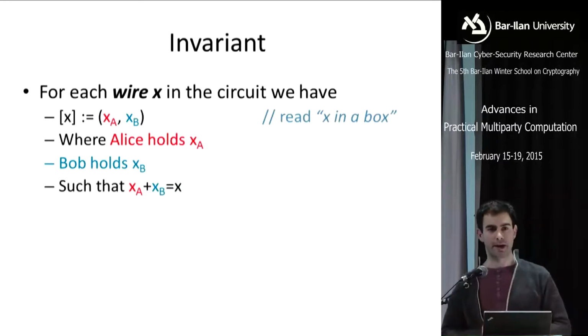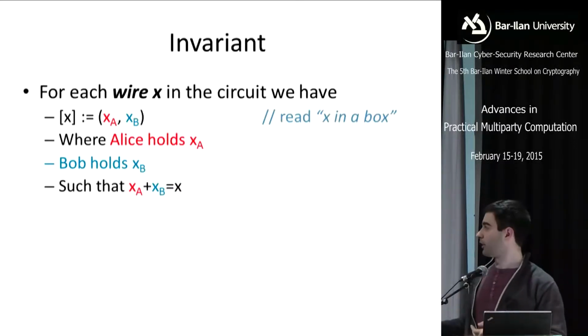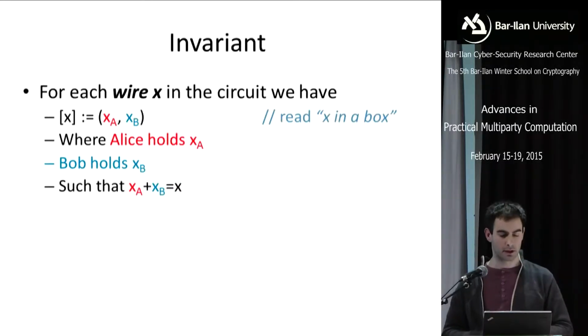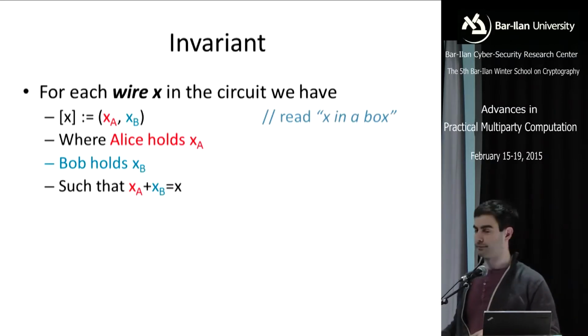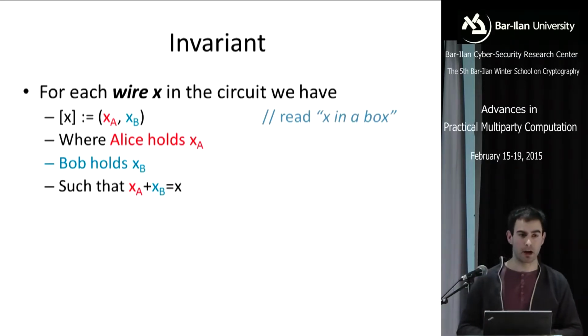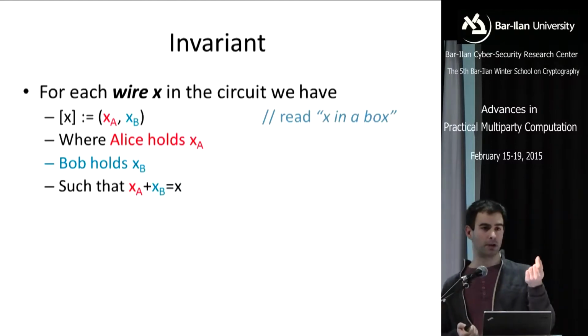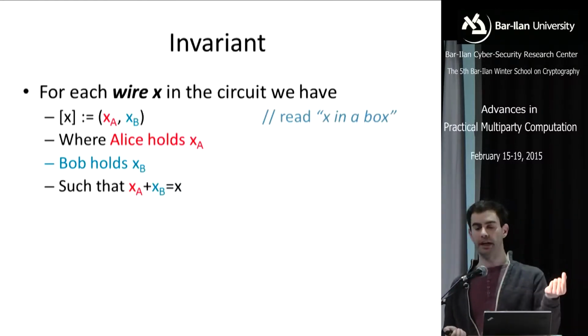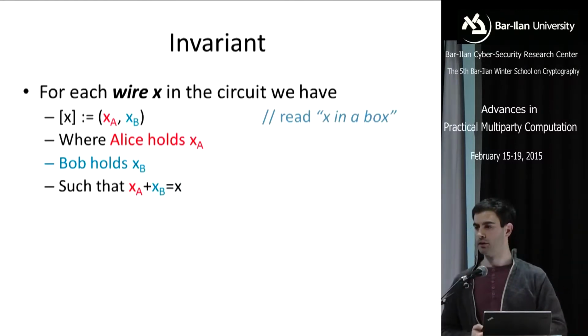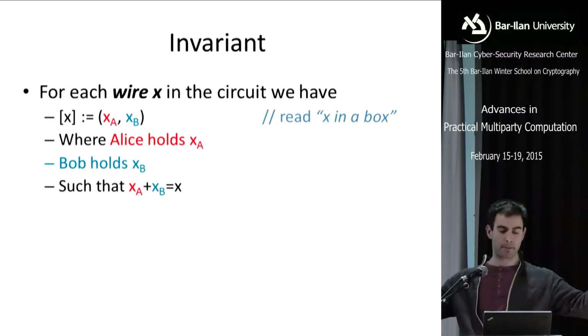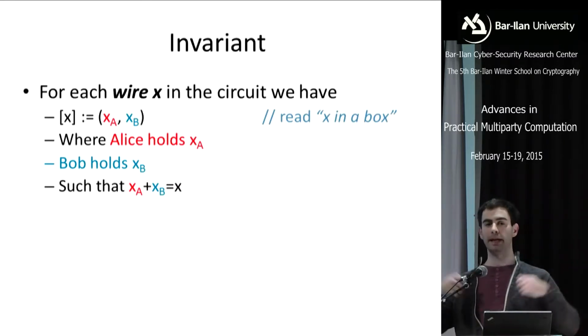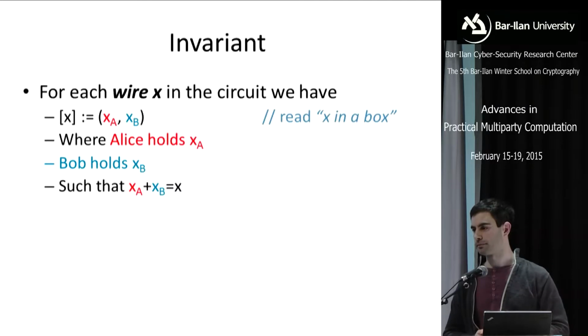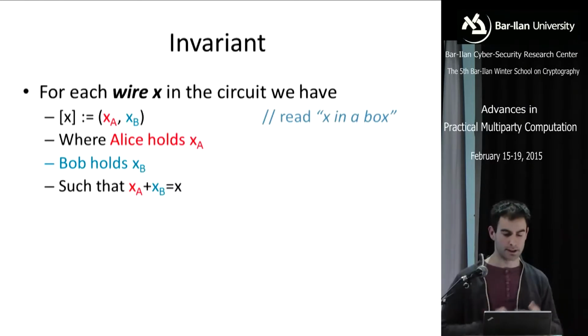We're going to use this invariant: for each wire x in the circuit, we're going to write x in a box. X in a box simply means that the value on the wire x is secret shared between Alice and Bob. So Alice has a share xa, and Bob has a share xb. If you sum them together, it gives x. This is simply the invariant.